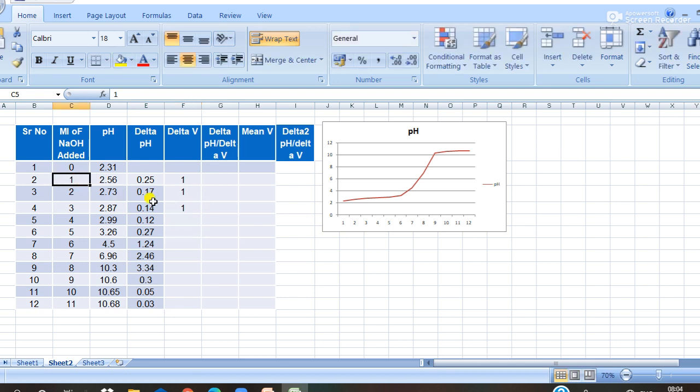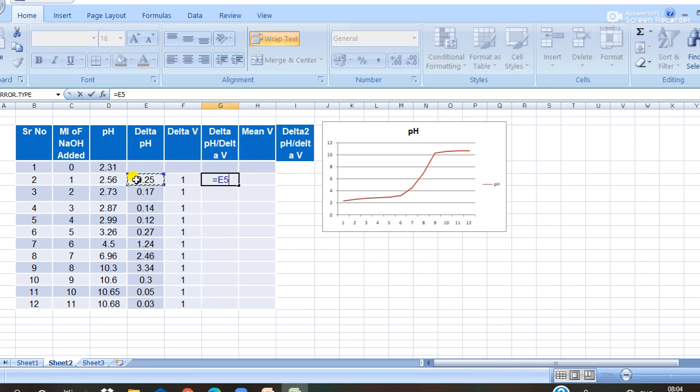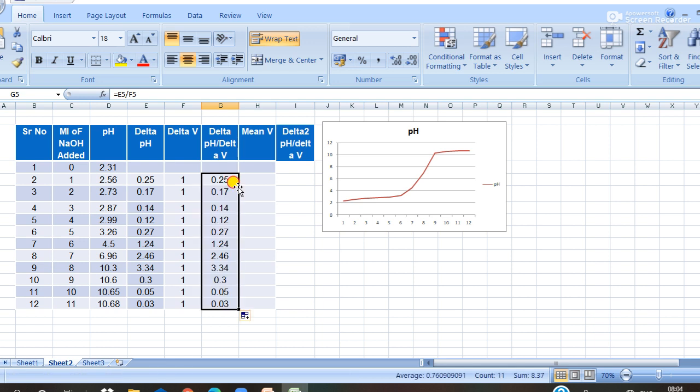Then next is delta pH upon delta V. So delta pH divided by delta V. As delta V is 1, the value will remain the same as delta pH.